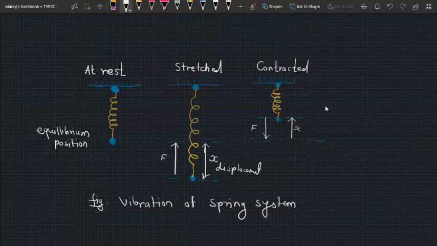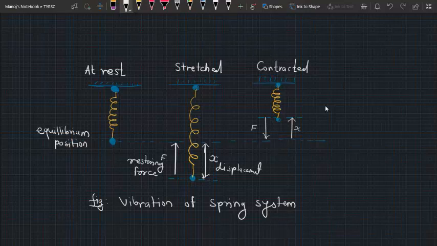Okay, when I stretch, then this spring will pull this atom B upward, in this direction. So this is the direction of the force, and this F is called the restoring force. Okay, this is the displacement from the equilibrium position.